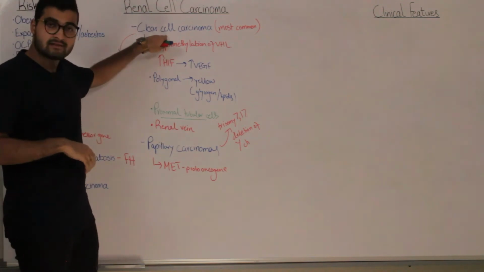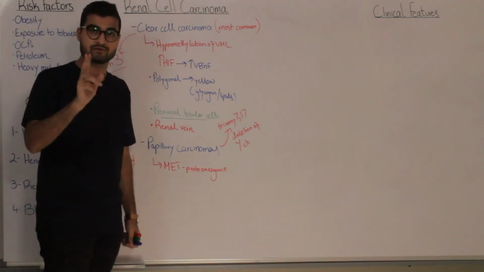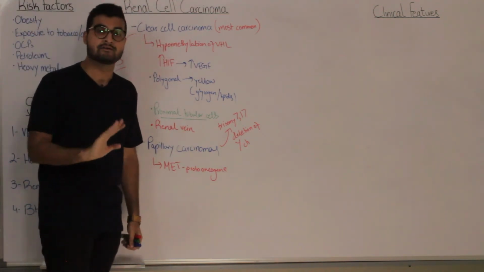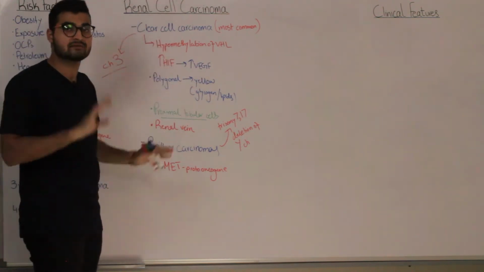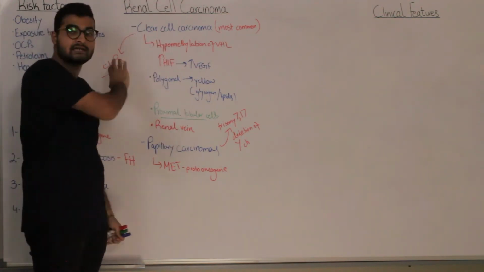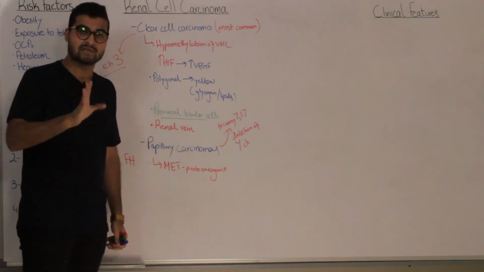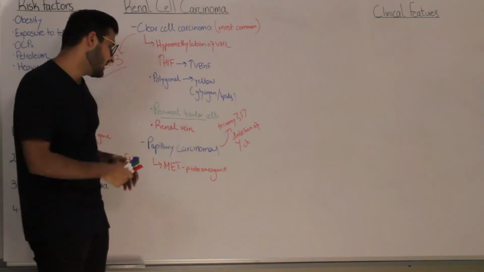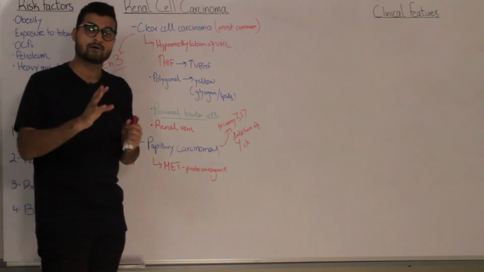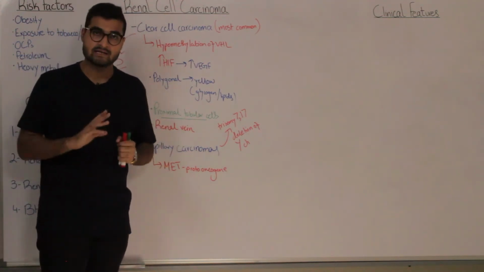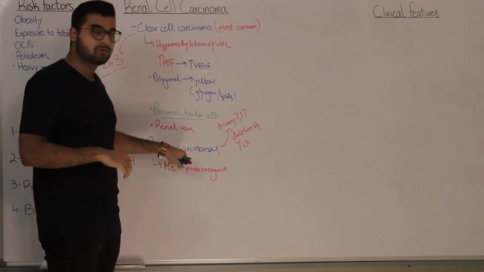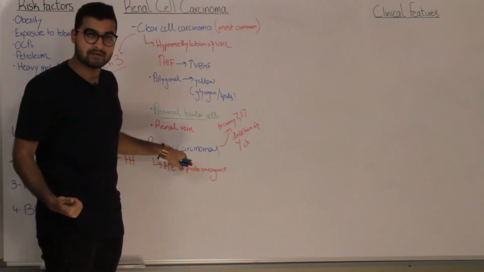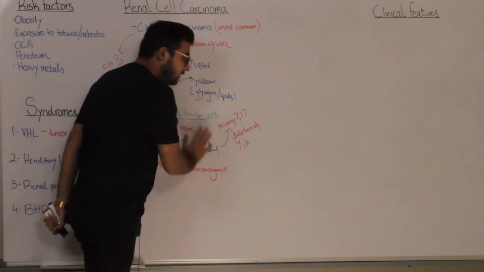So clear cell carcinomas can happen due to two reasons. It could be sporadic or hereditary, and in either case, what will happen? You will have a deletion or inactivation of your VHL gene present on chromosome number 3. Now, just like that, papillary carcinomas are also hereditary and sporadic in nature. So if you were to have sporadic papillary carcinomas, you would have all of these things, right?